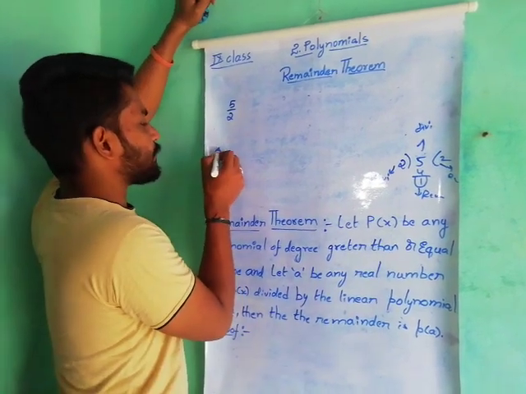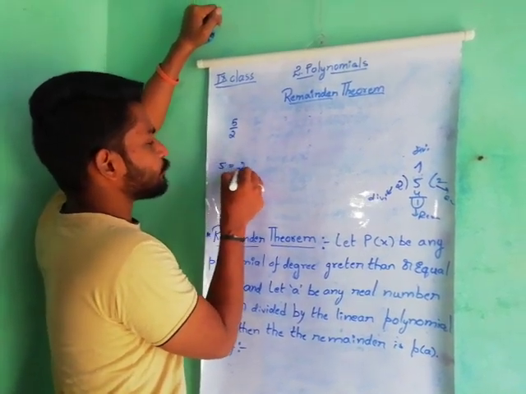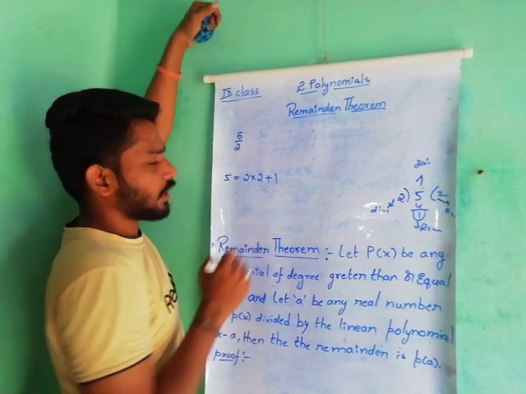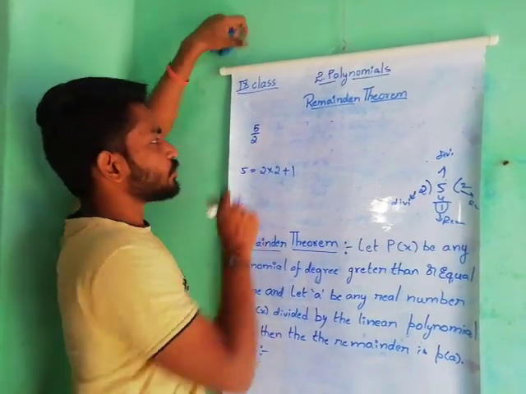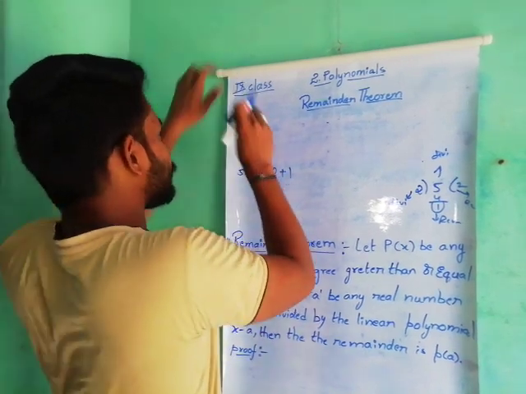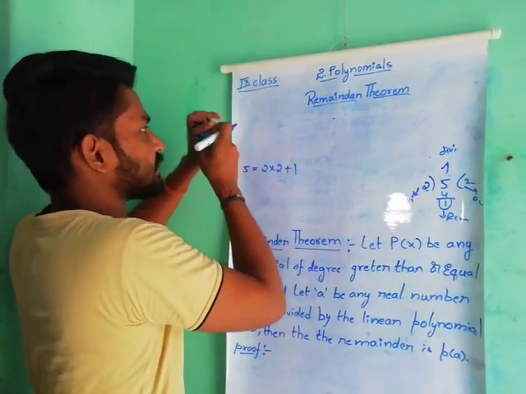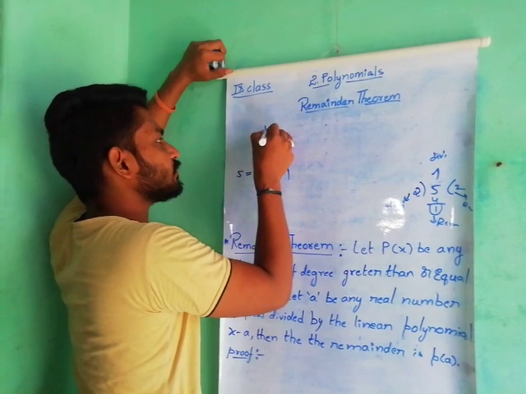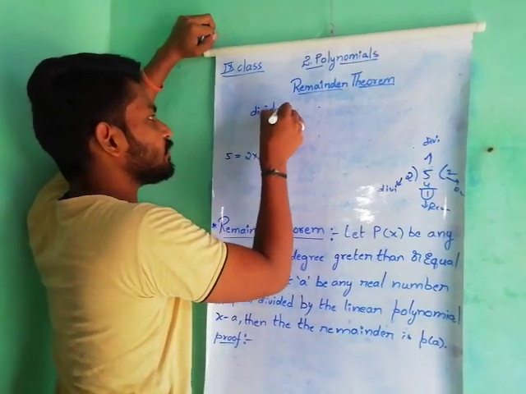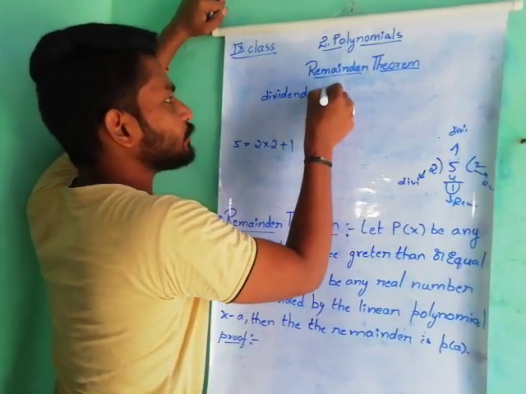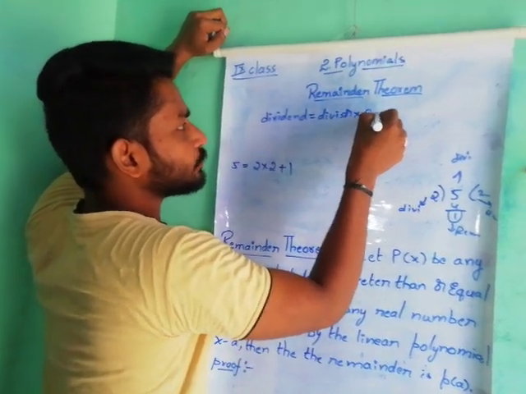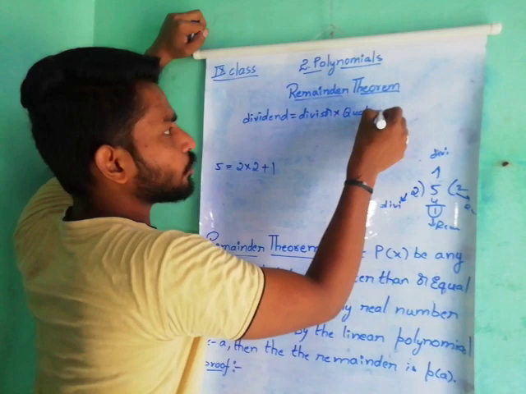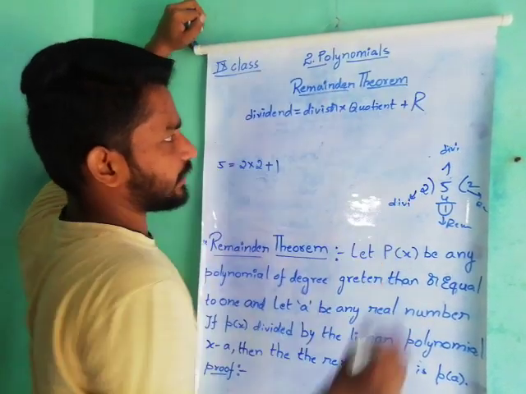How do we represent this? 5 is equal to 2 into 2 plus 1. 2 2s are 4, 4 plus 1. Yes or no? So how do we write the identity? Dividend is equal to divisor into quotient plus remainder.